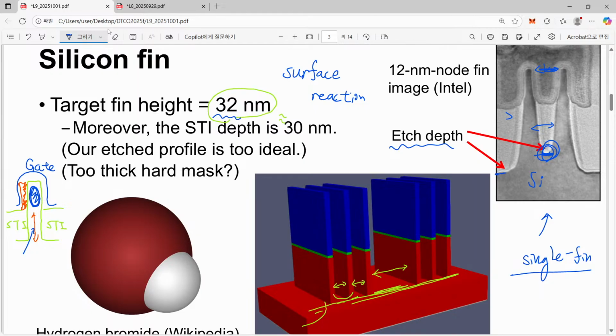And this 32 actually corresponds to old technology, not 7 nanometer, where the fin is much taller, like 50 or even taller. But for a while, I will just follow the ASAP7 PDK, so please understand this.